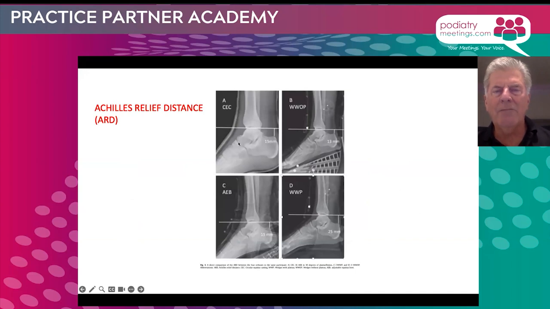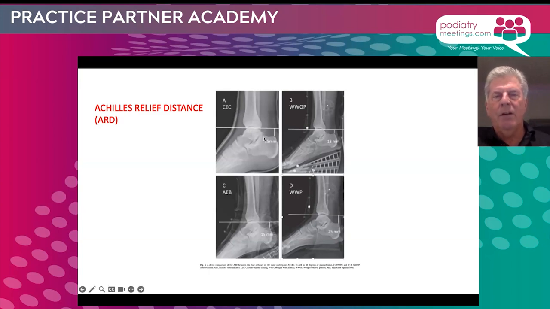They actually plantar flexed the ankle and they measured the distance from the uppermost point of the calcaneal insertion of the Achilles to the ankle mortise. They drew a line across the distal margins of the tibia, and then they dropped a perpendicular down to the insertion of the Achilles. And as that distance increased, down in this photo, the assumption is there's an increase in tensile loading of the Achilles.